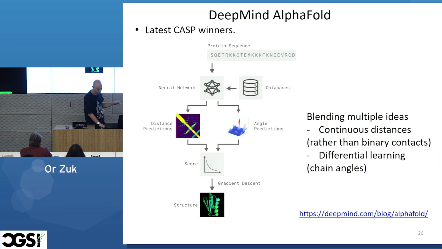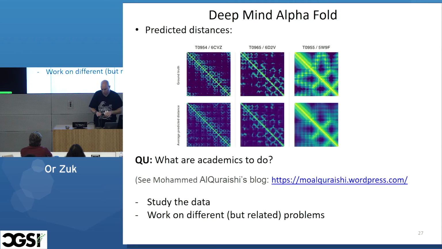One idea they use, which was also used by Jinbo Xu's group in 2018, is we are not trying to predict simply binary contact, 0, 1s, but we can throw away this somewhat arbitrary thresholding and try to predict the actual distance between two amino acids. That's why we got these nice colorful pictures instead of 0, 1 pictures. So instead of predicting contact or not contact, we are predicting the exact distance between two amino acids. And it's a regression problem for each contact instead of a classification problem.